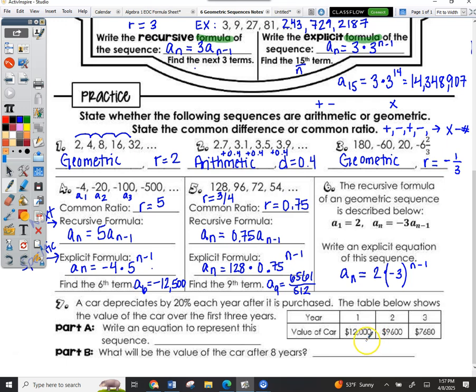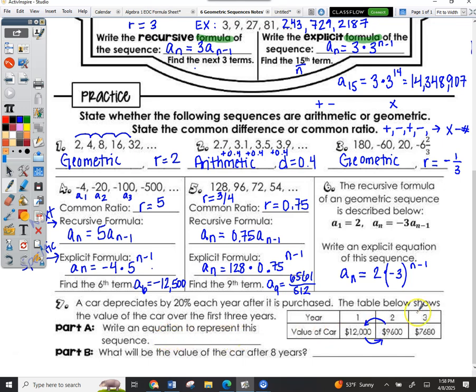You're looking for 12,000 times what would give me 9,600. So we're going to go in reverse and say 9,600 divided by 12,000. And then math bracket. 0.8. And because we're talking about money, it's okay if we leave it as a decimal.